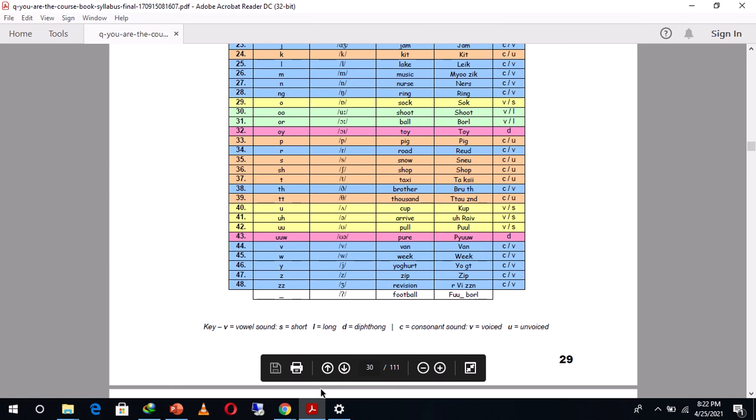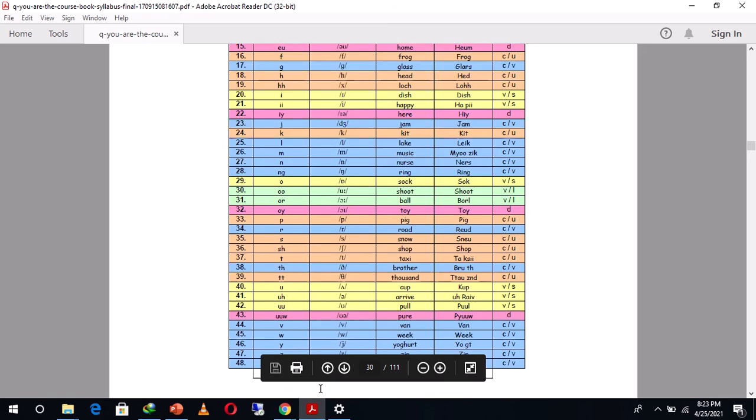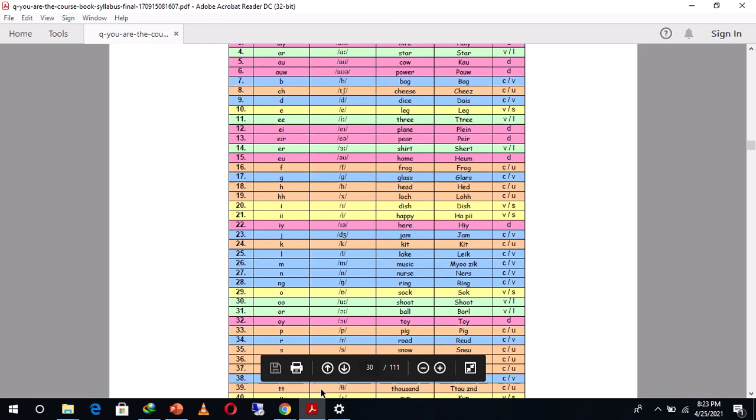We will show the vowel sound: S for short, L for long, D for diphthong, and C for consonant, V for voiced, and U for unvoiced. You have to keep this in mind when you're studying this table.